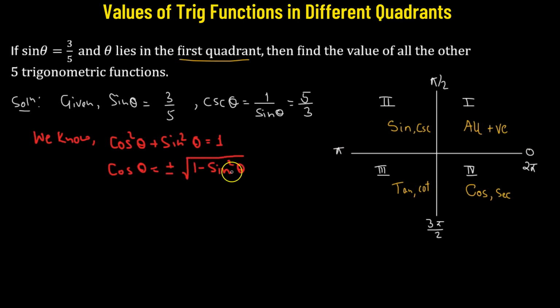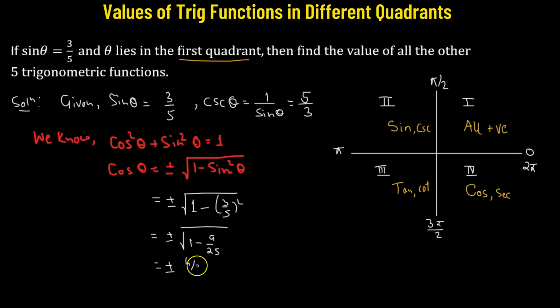If we substitute the value of sine theta with 3 over 5, we can obtain the value of cosine theta, which we are going to do right now. We have plus or minus square root of 1 minus 3 over 5 whole squared. So this will be equal to plus or minus the square root of 1 minus 9 over 25. 1 minus 9 over 25 gives us 16 over 25. Now when we take the square root, it's going to be plus or minus 4 over 5. So this is the value of cosine theta.